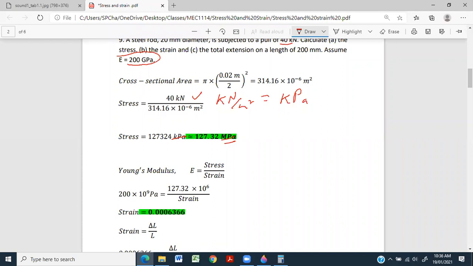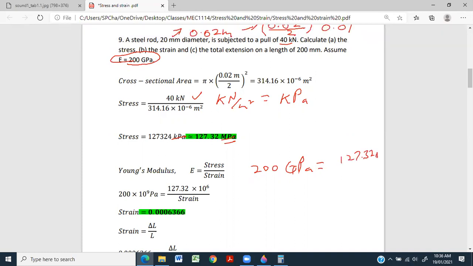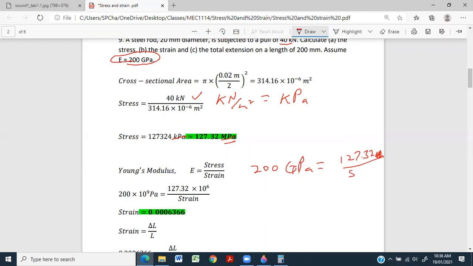So if we assume E to be 200 gigapascals, then this 200 gigapascals is equal to the stress we just found, 127.32 megapascals, divided by strain, which is our unknown, what we want to find.